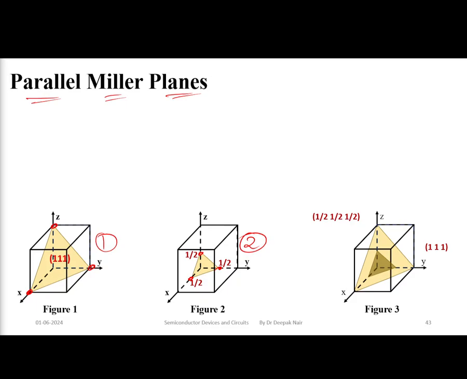And if drawn in a unit cell, we can have the outer bigger area represented by 1, 1, 1, and the inner smaller area represented by 1 by 2, 1 by 2, 1 by 2, or if you convert it into integers, you will get 2, 2, 2. So you have 1, 1, 1 here and 2, 2, 2 here.